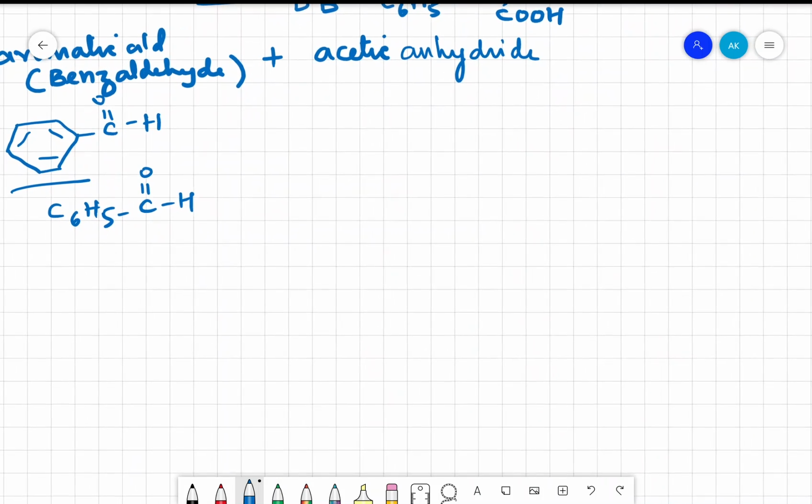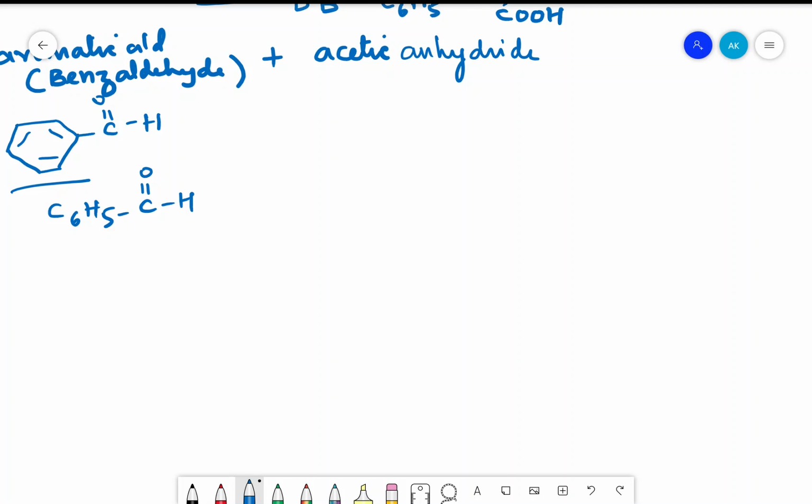And acetic anhydride is derived from acetic acid.